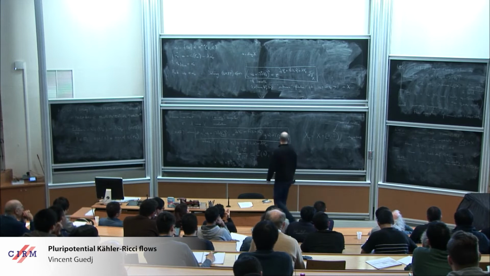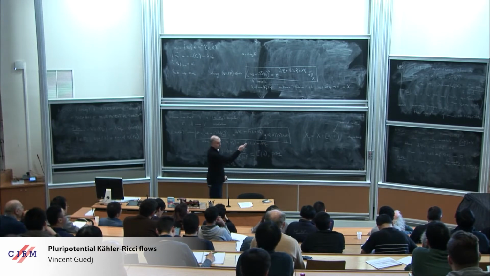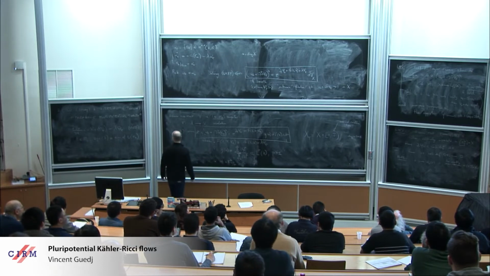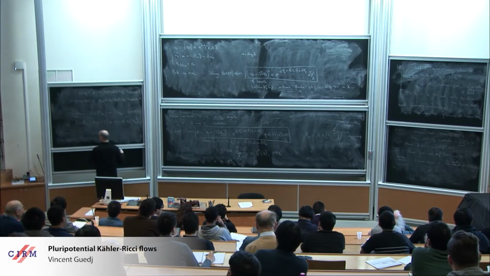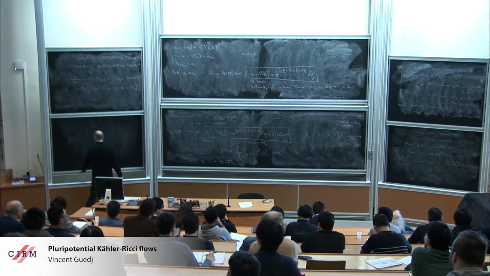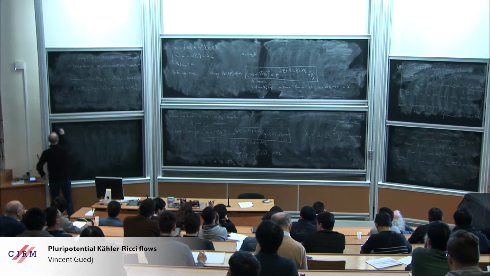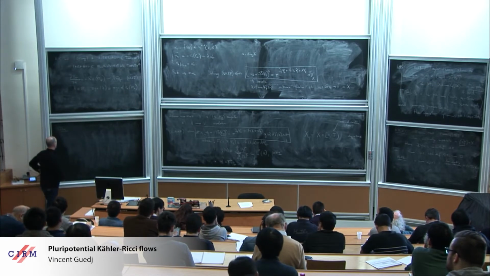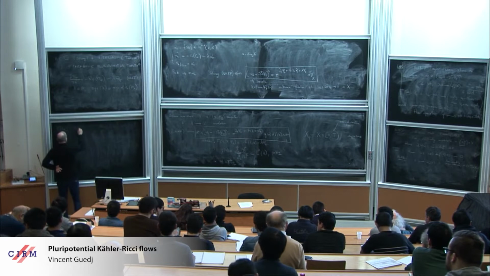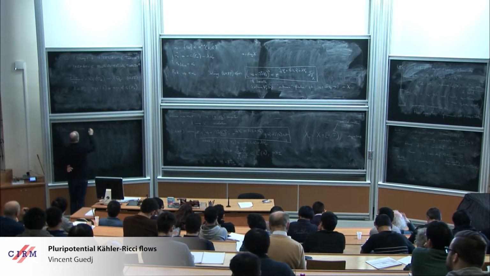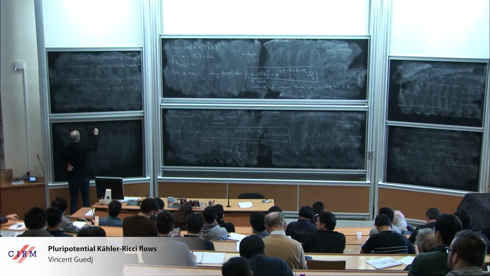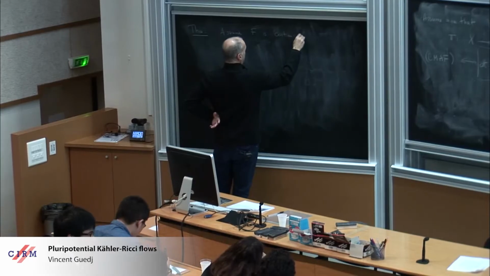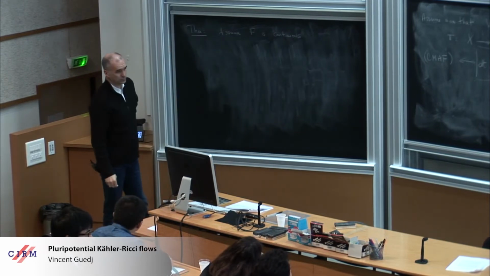Okay, so that's the definition of the left-hand side, the definition of the right-hand side, and what can we do with this? So the theorem I would like to explain is the following. Assume that capital F is continuous in the three variables.